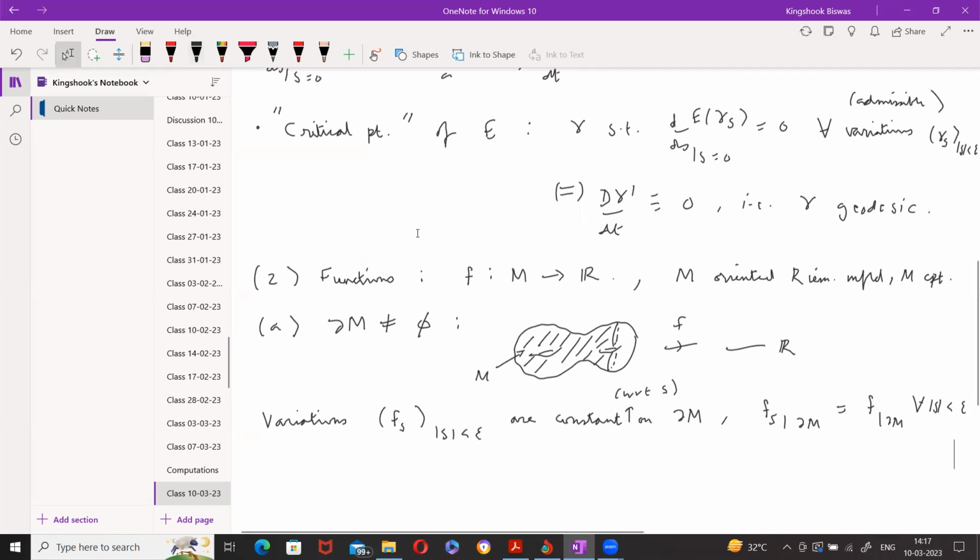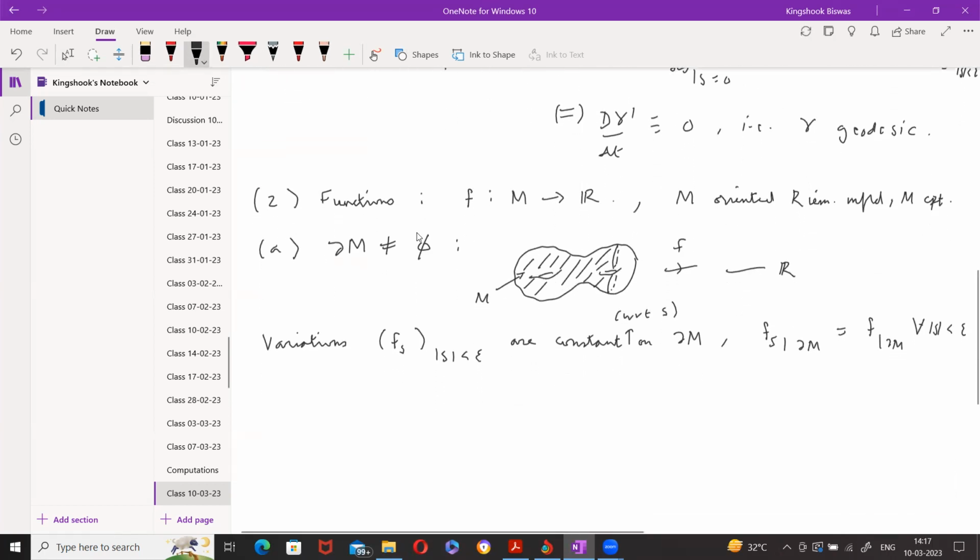So in this case, again, we computed the first variation of energy. And here what we found is that the first variation of energy was minus the integral over M of the inner product of, say, u with the Laplacian of f, dvol.